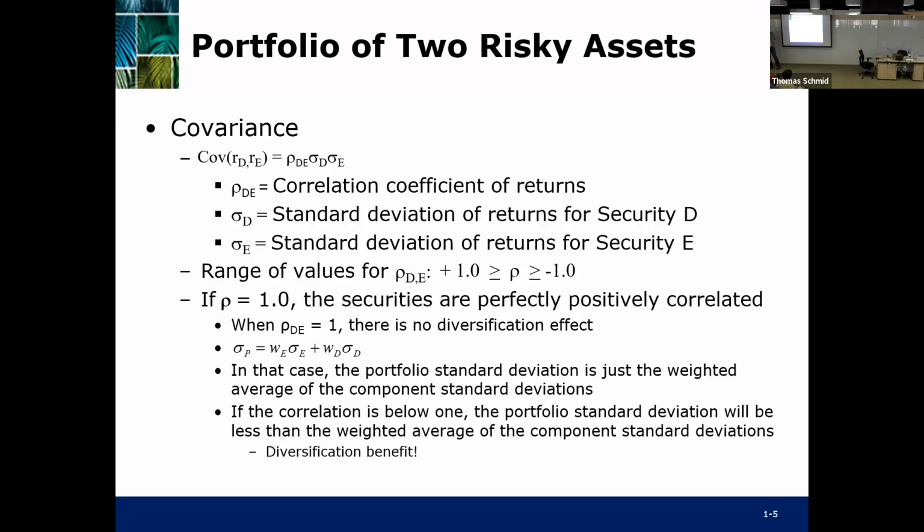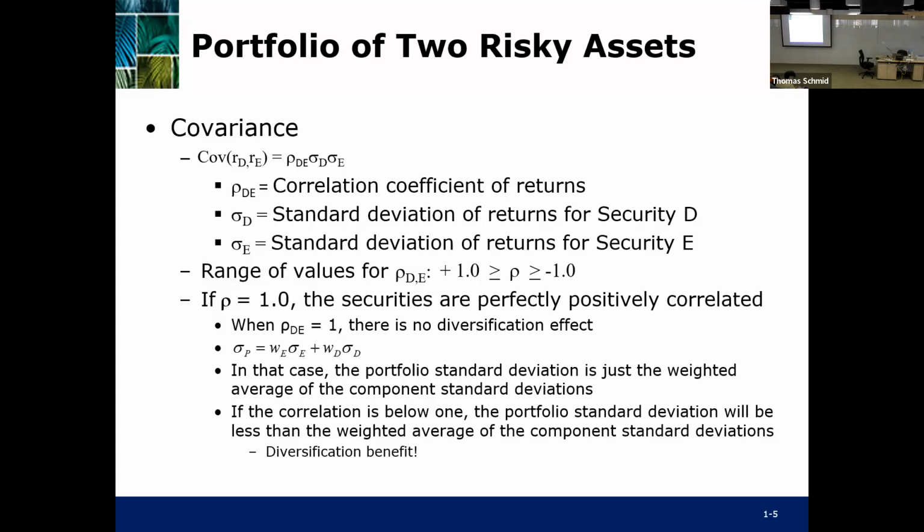The reason is that covariance combines both the volatility, or the movement or the risk, and the correlation. So if we are purely interested in the co-movement structure, it's often easier to look at the correlation, also because the correlation has this nice feature that it is bound between minus 1 and plus 1.